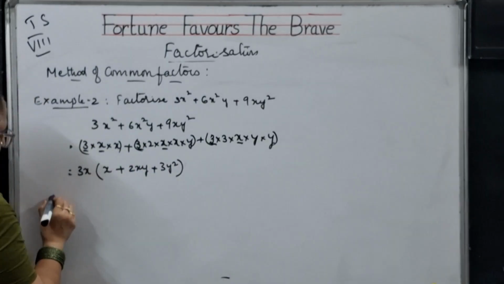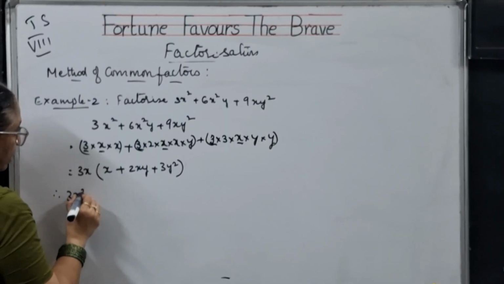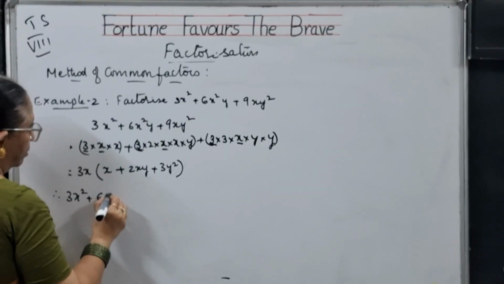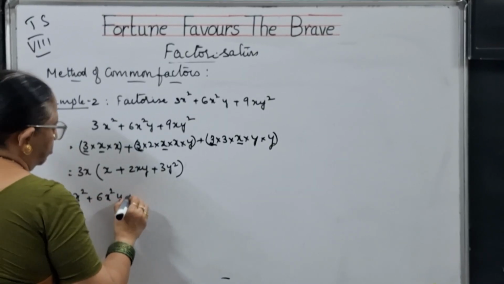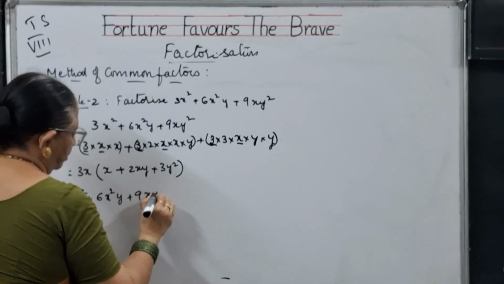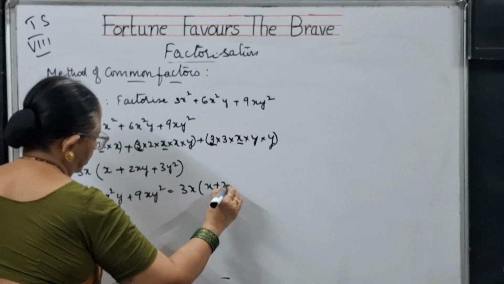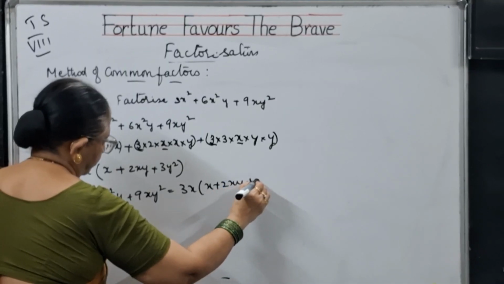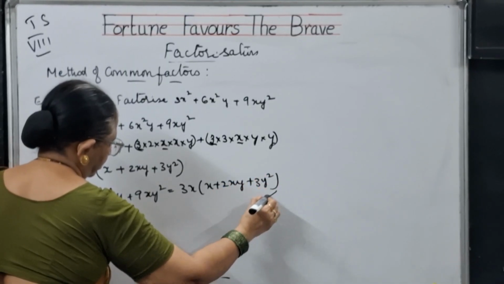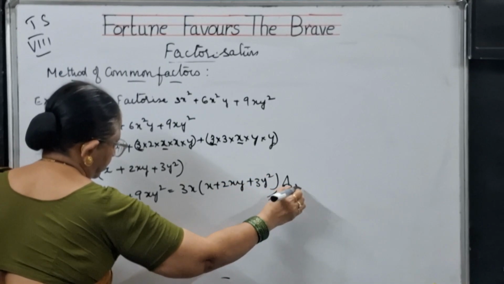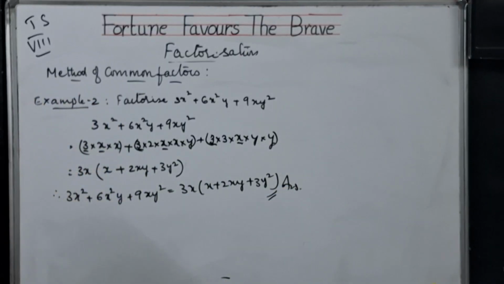So our answer is right. Therefore, 3x square plus 6x square y plus 9xy square is equal to 3x into x plus 2xy plus 3y square. This is the answer for this problem, children. Please note it down.